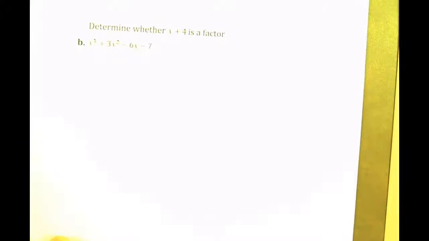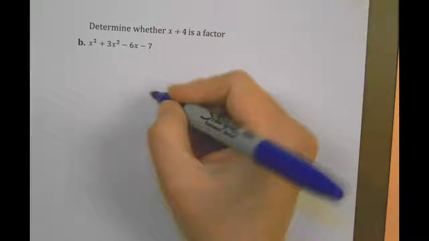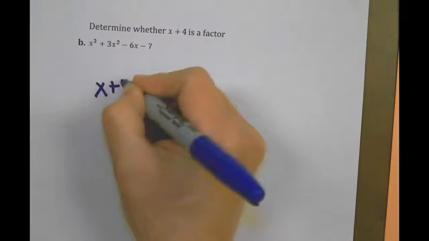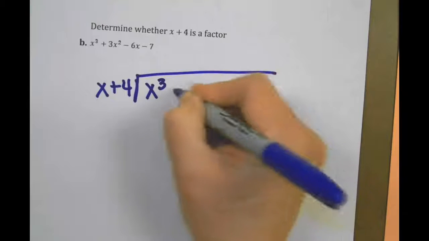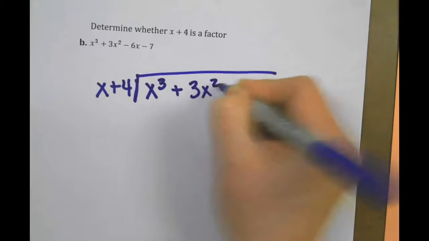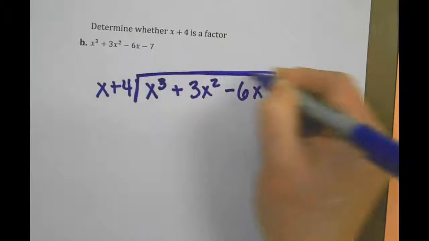Part B is asking the same question. Is x plus 4 a factor of this polynomial? Does x plus 4 divide evenly into x to the third power plus 3x squared minus 6x minus 7?